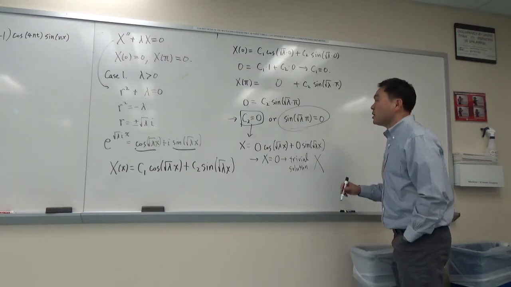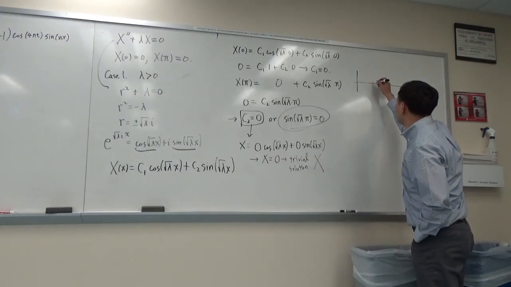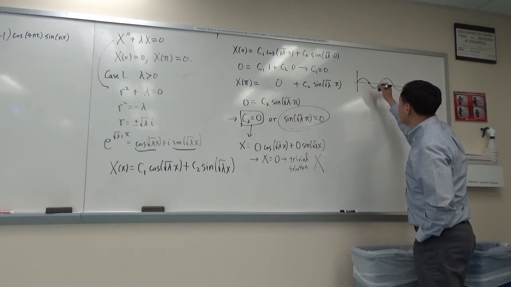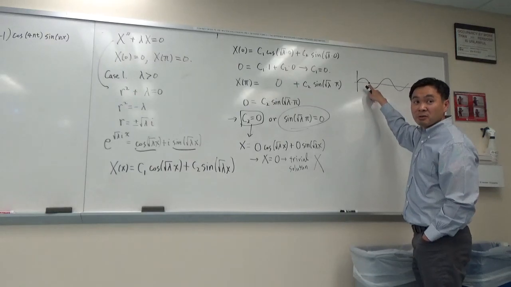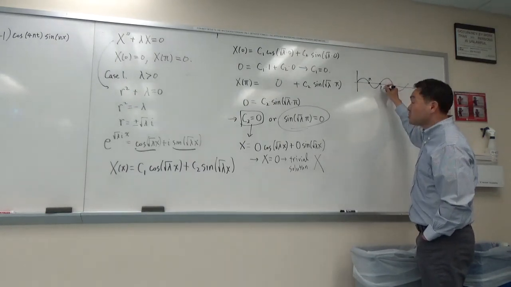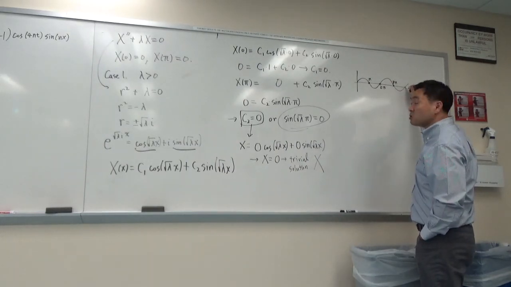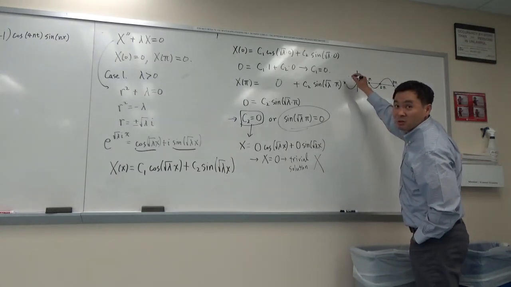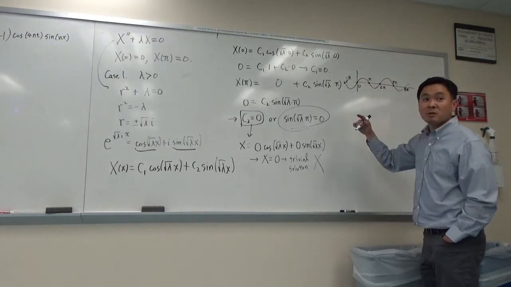Therefore, this must happen. And for sine functions, if you draw the graph of sine, what is the x-coordinate of this value? Pi. And this one? 0. And this? Negative pi. So what do you observe?